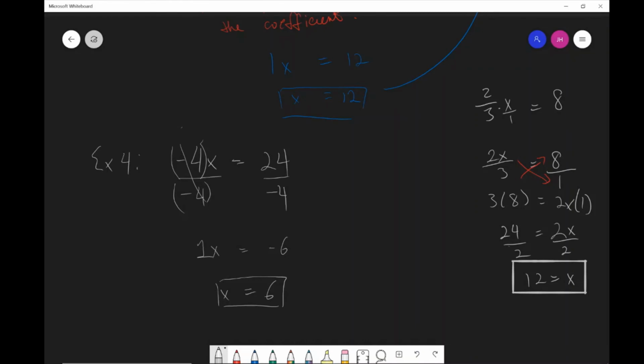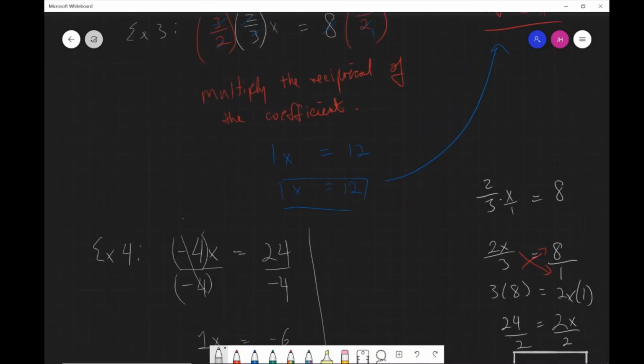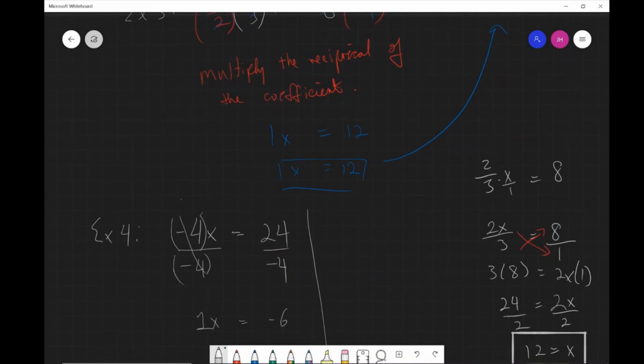And at this point, please do not get confused by dividing and multiplying the reciprocal because they mean the same thing. Multiplying the reciprocal is the same as division.